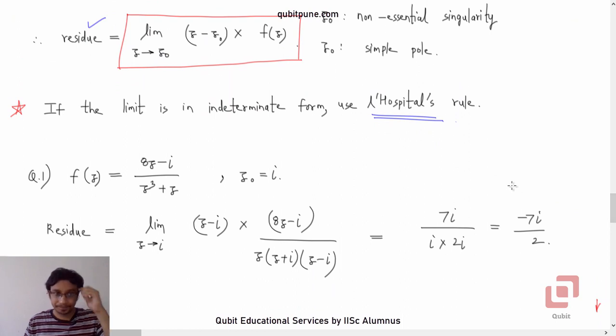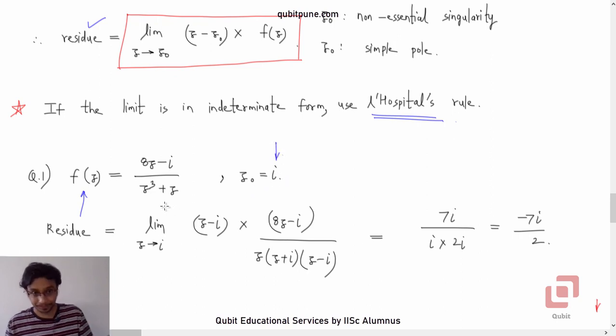Example number 1. Here our job is to calculate the residue of the function f of z at z0, which is i. Now observe that the denominator of this rational function is z cubed plus z.